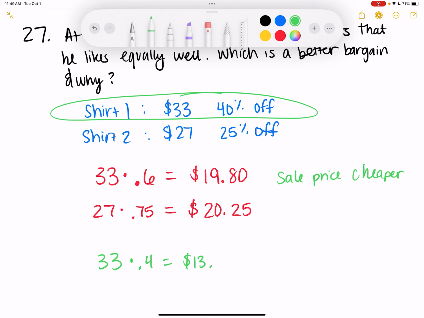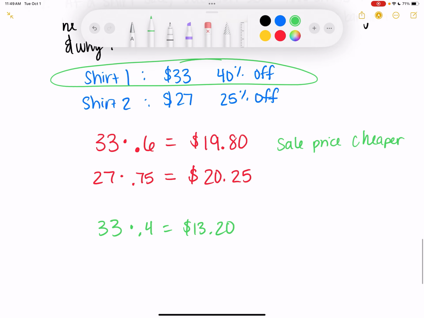Then what you have to do is $33 minus $13.20, so that would then give you $19.80. So I saved you a step by saying multiply by 0.6 instead of by 0.4.